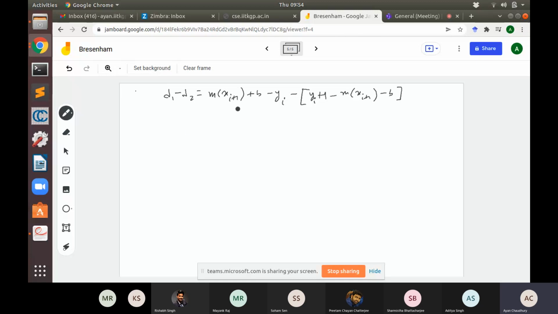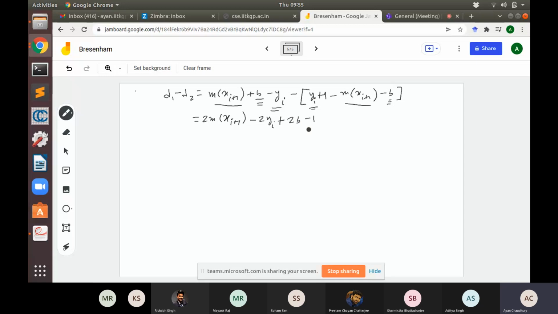Okay, so just simplify this equation. So m xi plus 1 and m xi plus 1, there is a negative sign, so that means 2m xi plus 1. There is yi and here is another yi, so that means 2yi. Here is b, here is another b with a positive sign, so that means plus 2b and minus 1.